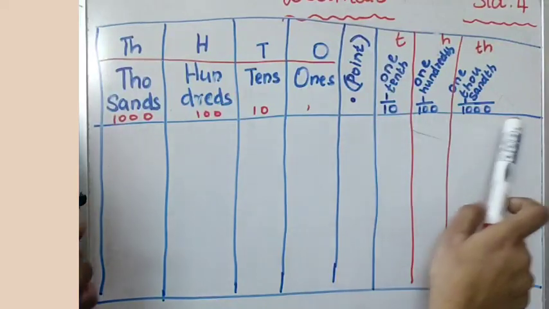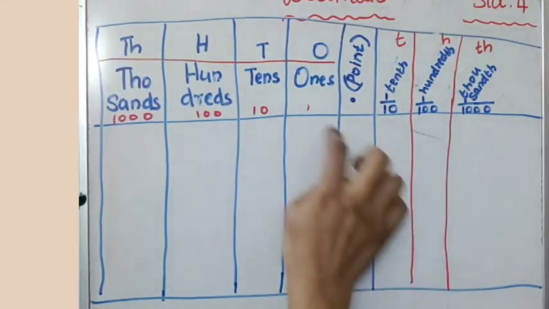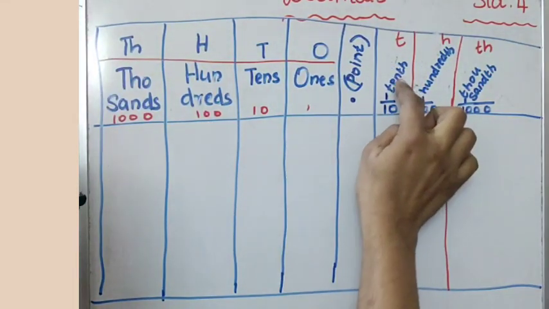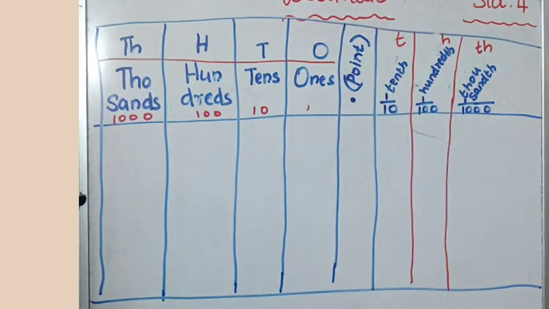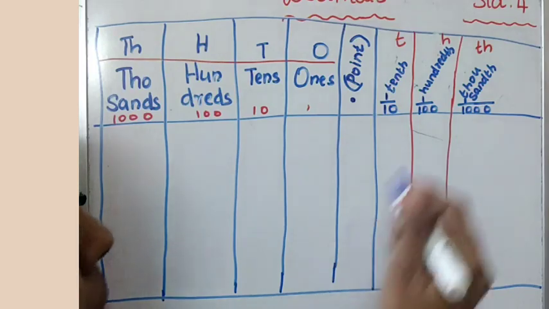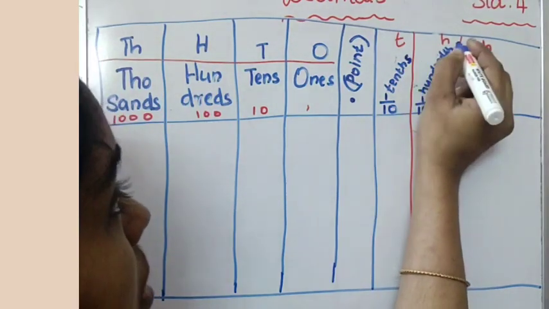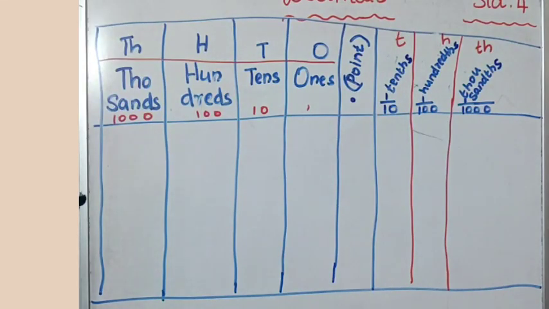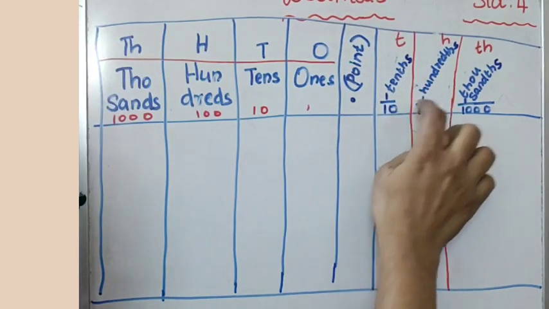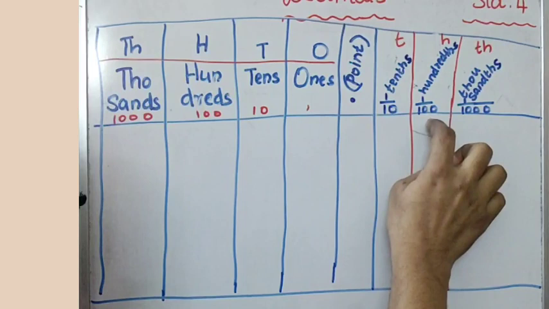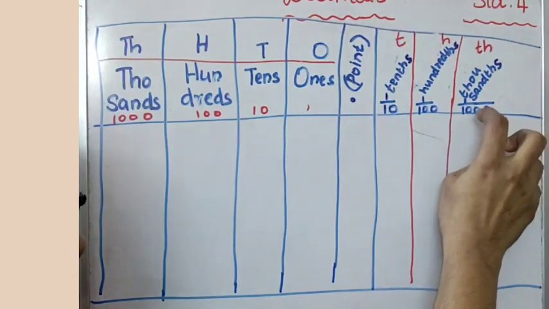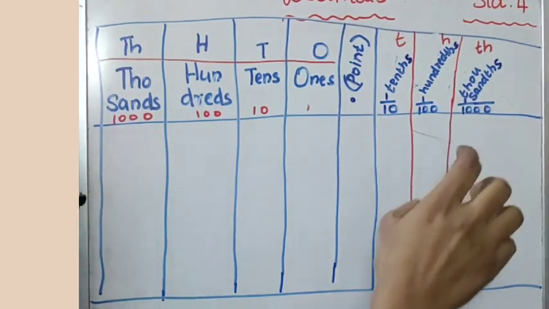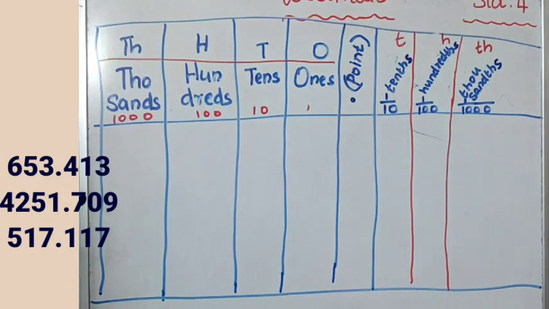These numbers are so small. After the point comes the tenths place, then the hundredths place, then the thousandths place.